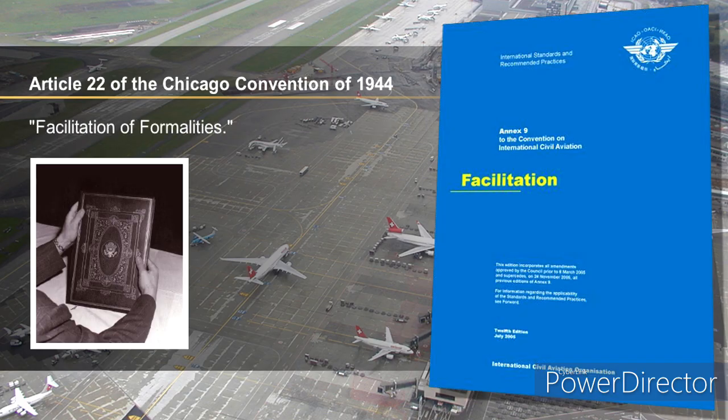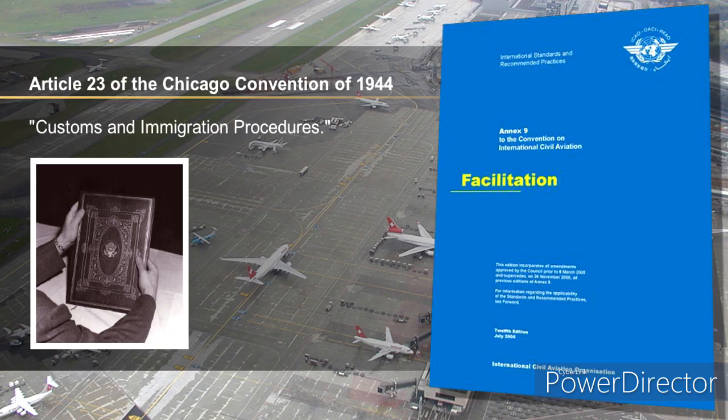Specifically, Article 22 of the Convention further strengthened the states' responsibilities in this respect by obliging states to adopt all practical measures to facilitate and expedite navigation between territories of contracting states and to prevent unnecessary delays to aircraft, crews, passengers, and cargo, especially in the administration of the laws relating to immigration, quarantine, customs and clearance.